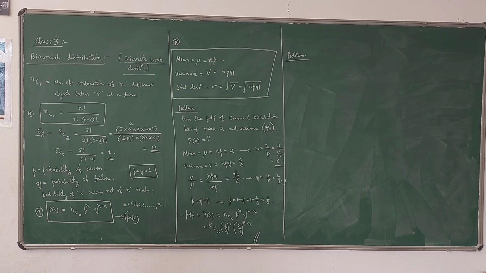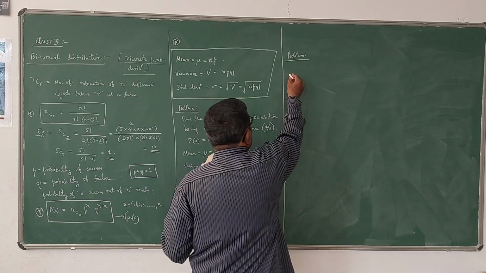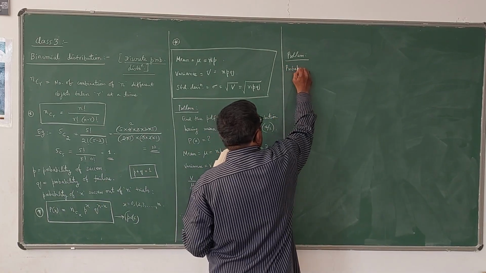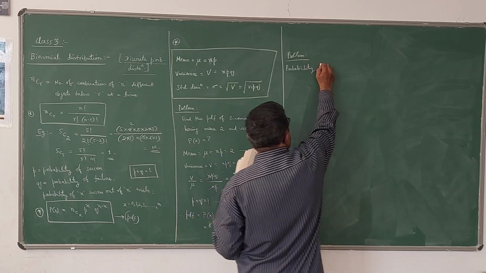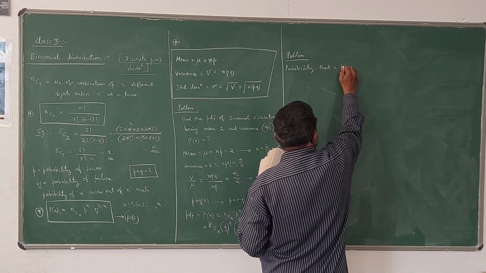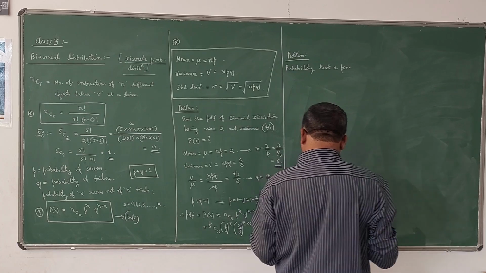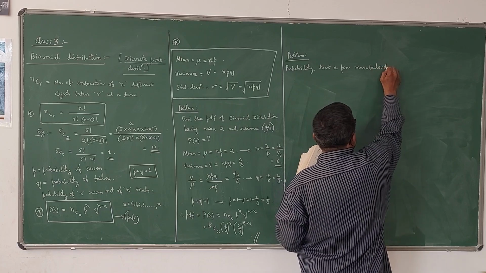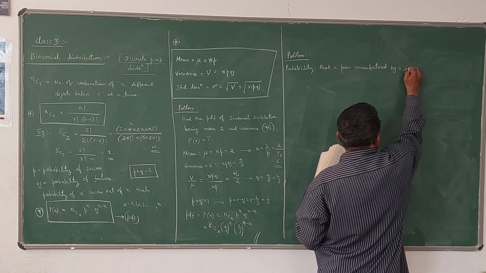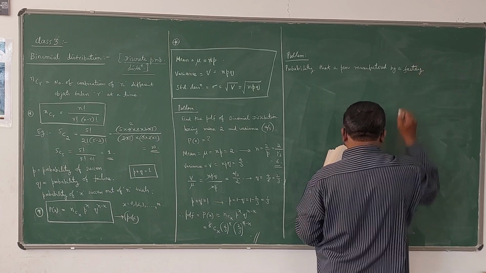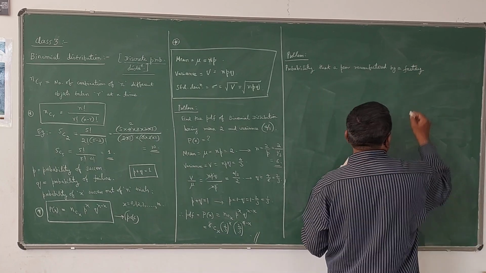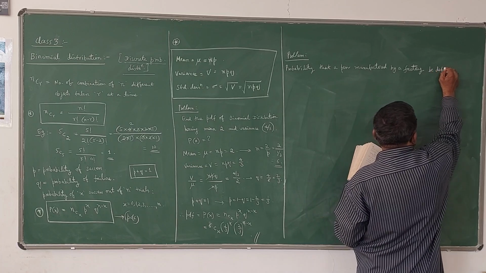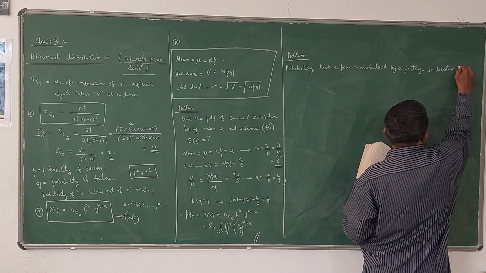For the next problem: the probability that a pen manufactured by a factory be defective is 1 by 10.